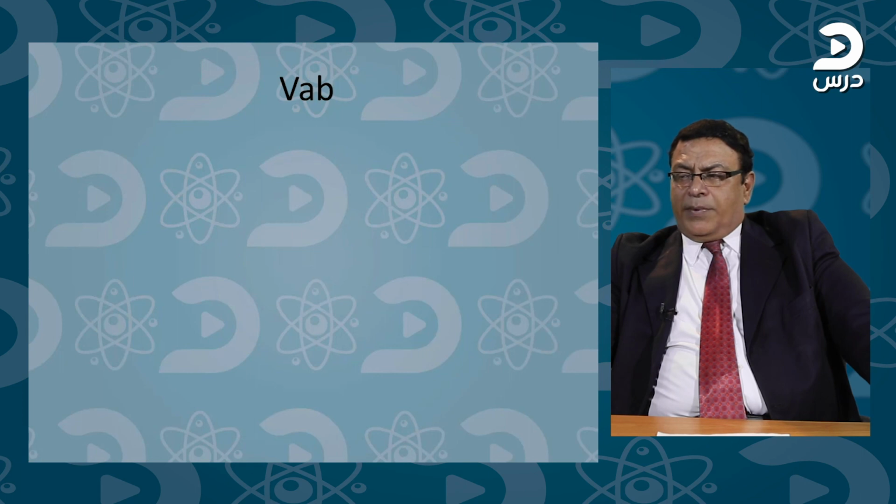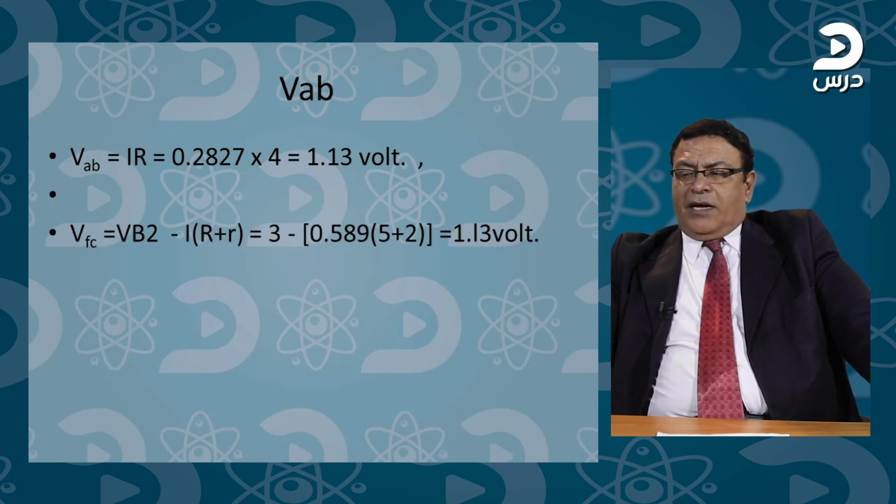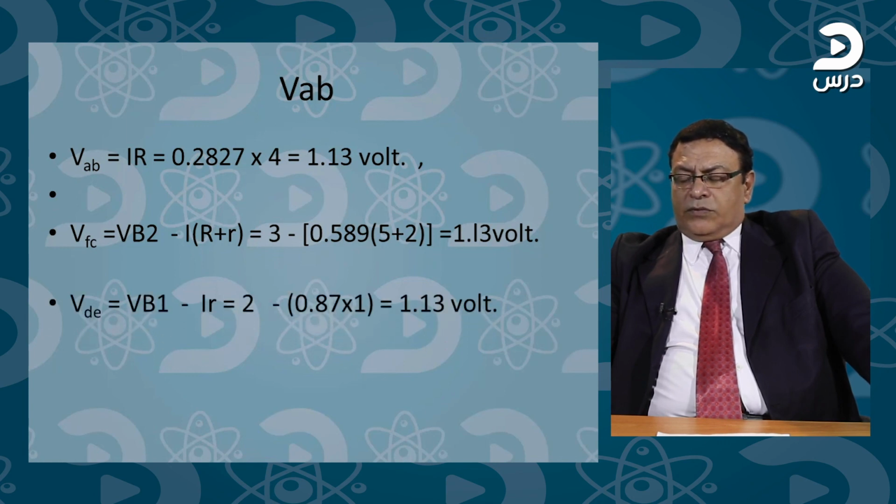So VB equal IR: negative 0.2827 multiply 4, so 1.13 volt. And the VFC: VB2 minus IR plus R will be 3 minus 0.589 multiply 5 plus 2 equal 1.13 volt.